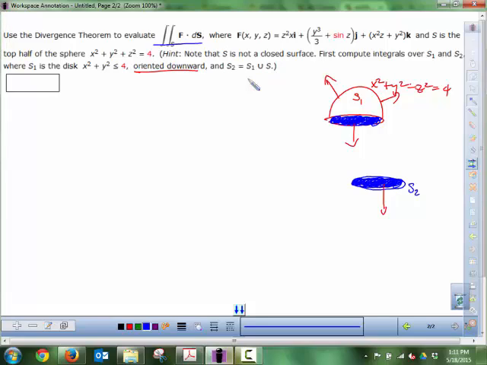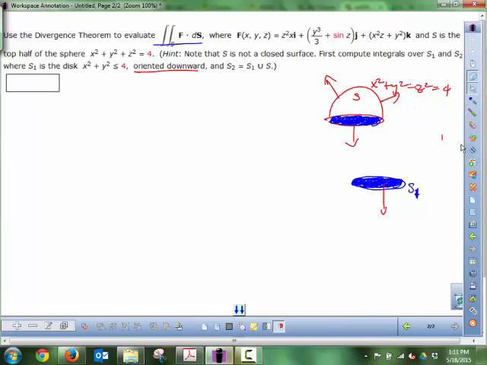All right, fine. Which one is the disk? S1. And the whole thing's S2, so this is S. You happy?